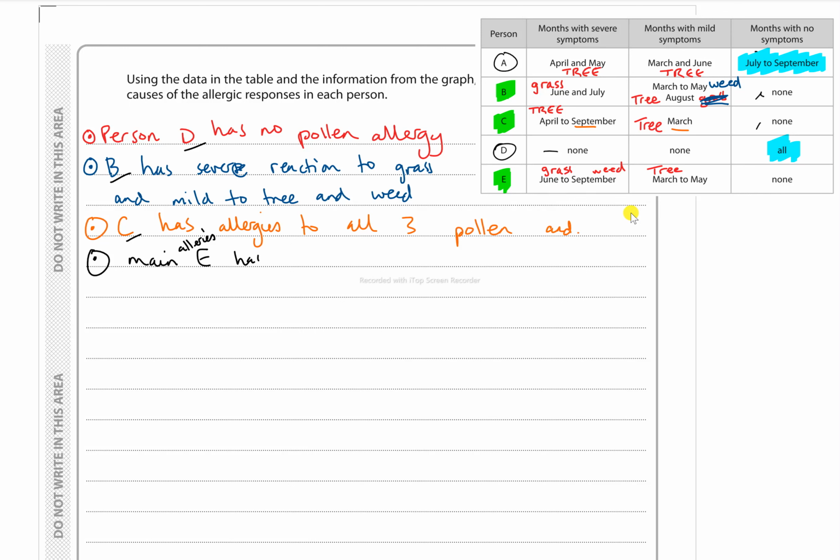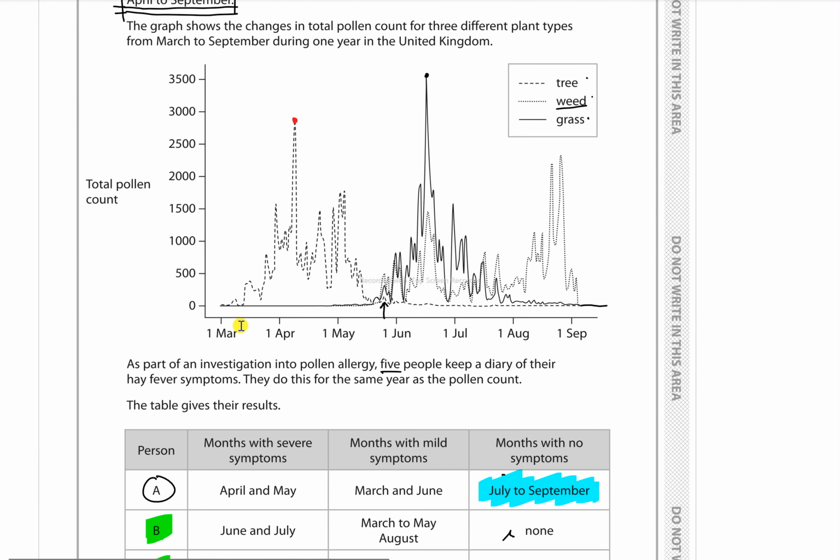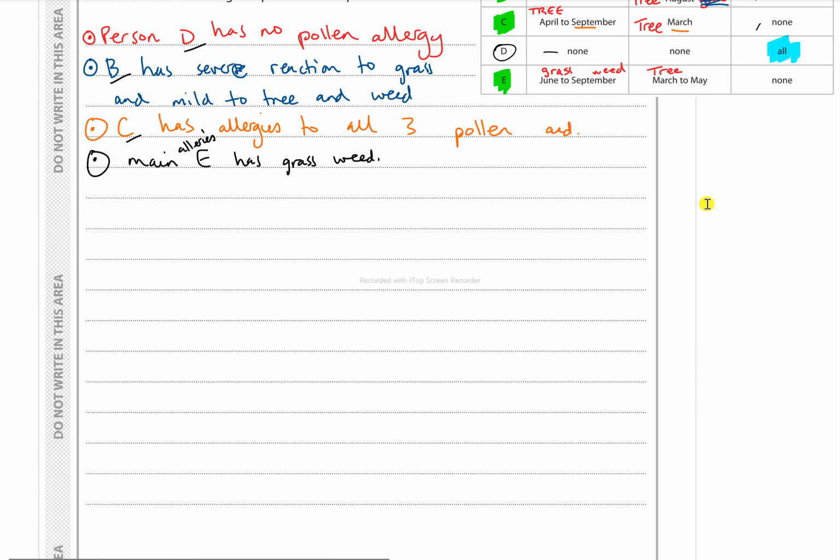Person E has to grass and weed. March to May. What's going on in March to May? That's true, but that'll be mild, right? And then you can say mild to tree pollen.